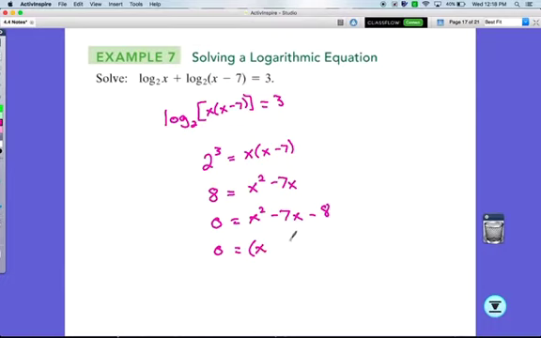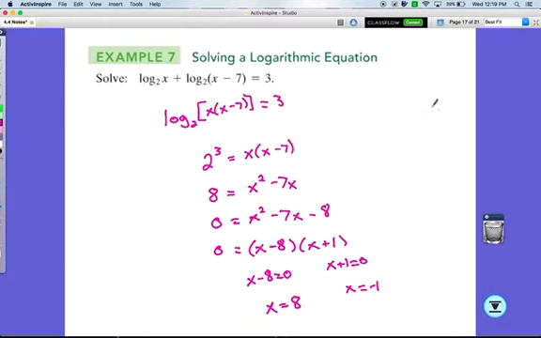All right, what multiplies to give me a negative 8 and adds together to give me a negative 7? Turns out it's going to be a minus 8 and plus 1. And then I'll set each of those equal to 0. I end up getting 8 as the answer choice. And then x plus 1 is equal to 0. I subtract the 1, I get x equals negative 1.